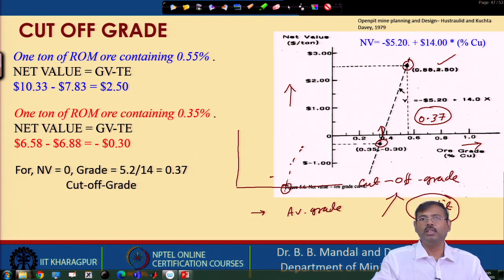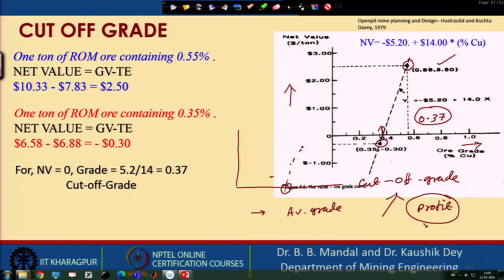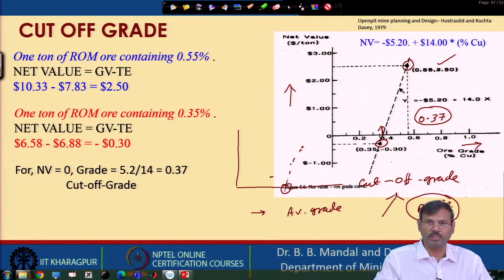Otherwise, only carrying out mining at the cutoff grade will not give us a profit. So, cutoff grade is the grade below which the material should not be sent for further processing, because it incurs a loss in the total system.